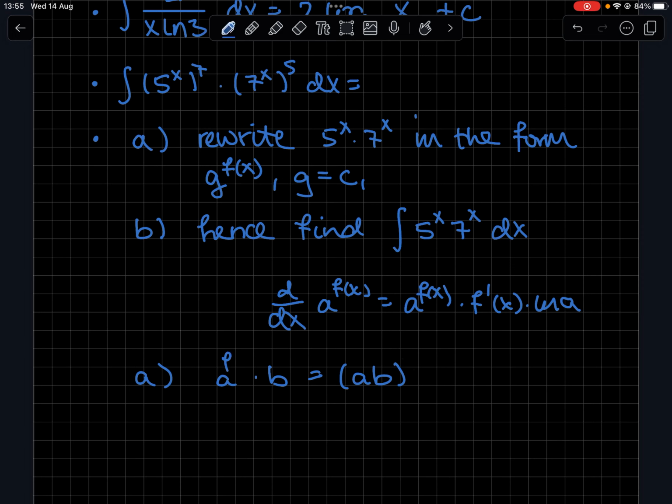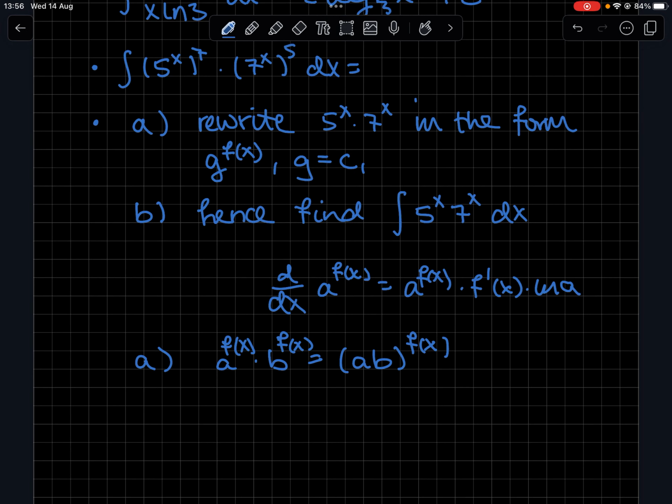So A to the power of f of x times B to the power of f of x is the same as AB to the power of f of x. And why should we do that? Well, remember, we need to get to this form, g to the power of f of x. We have our f of x, and our g can be a times b, because we have this 5 to the power of x and 7 to the power of x. So that can be our two components over here.